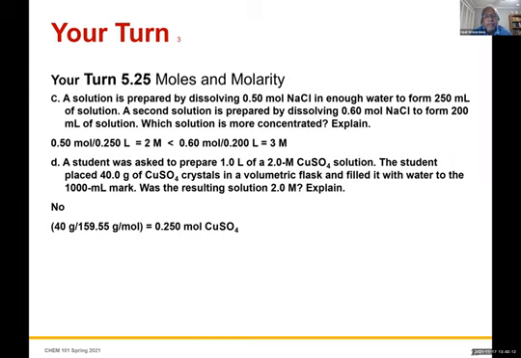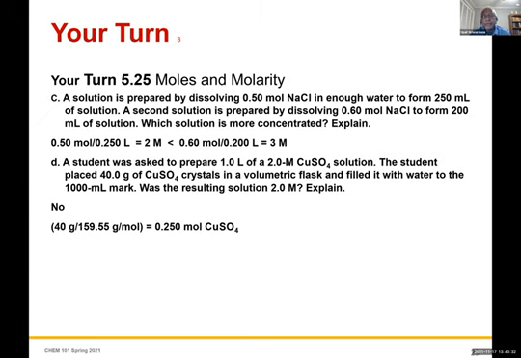So the molarity is 0.25 moles of copper sulfate per liter. Therefore, it is not 2 molar. The answer is no. Was the resulting solution 2.0?